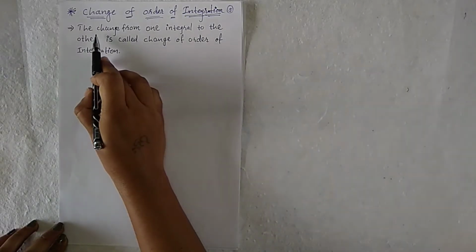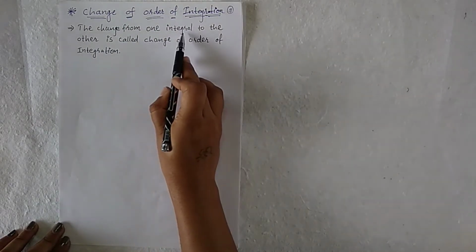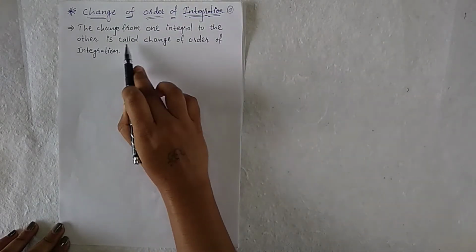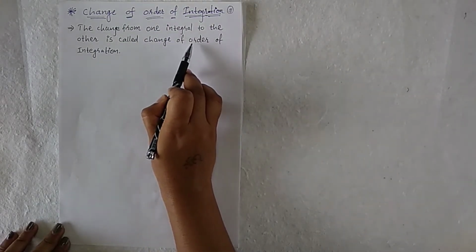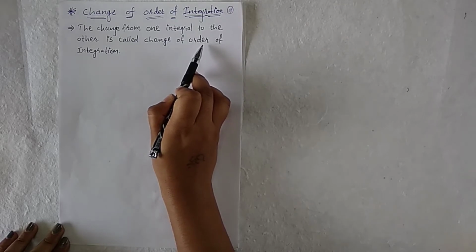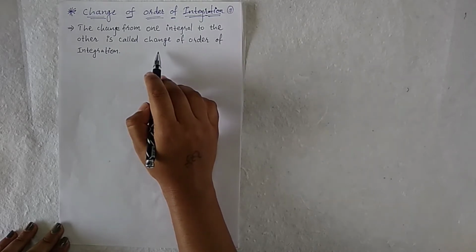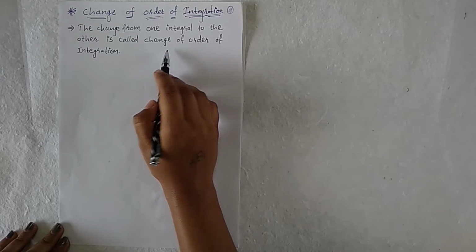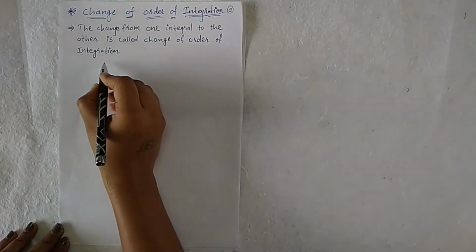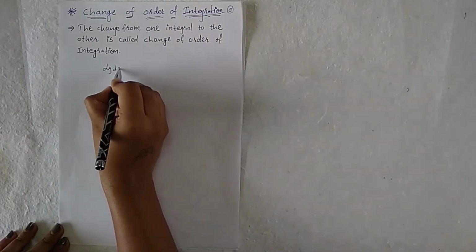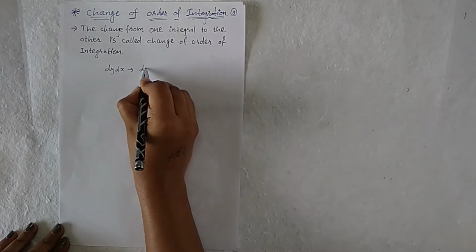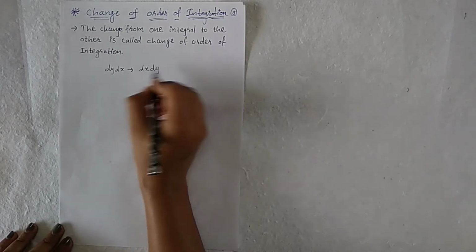The change from one integral to the other is called change of order of integration. It involves changing from dy dx to dx dy, and vice versa.